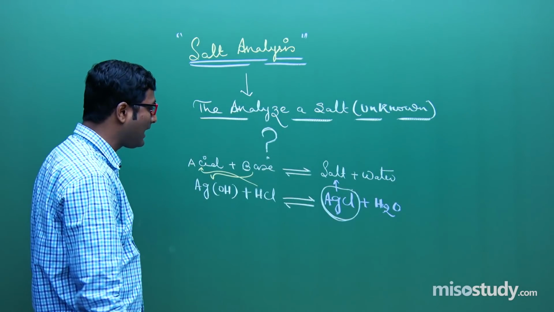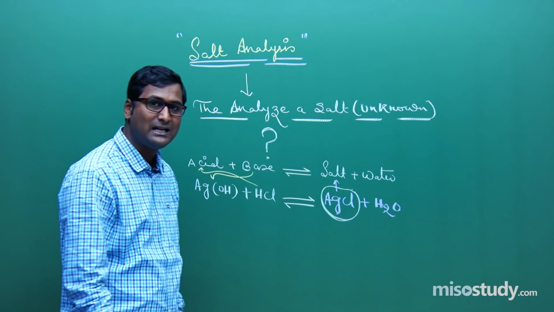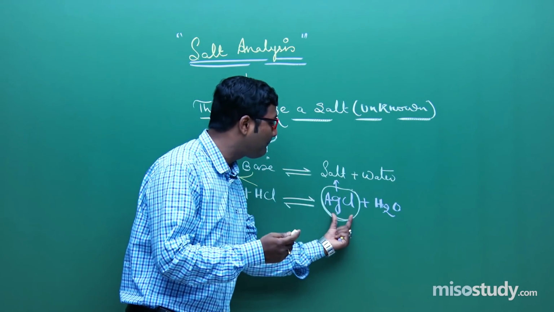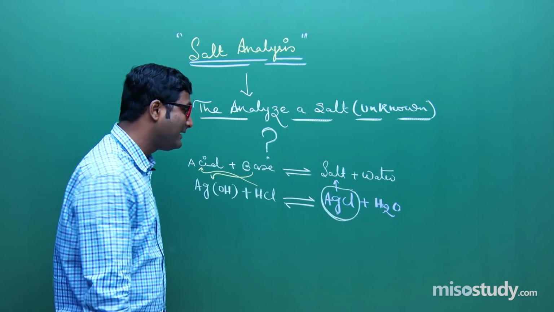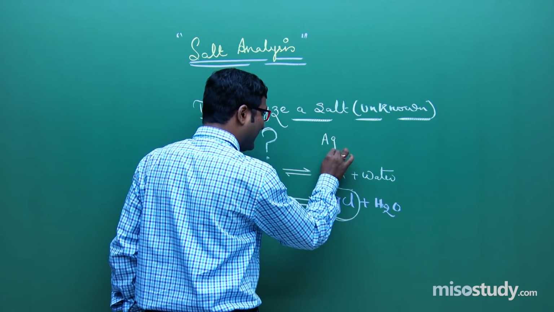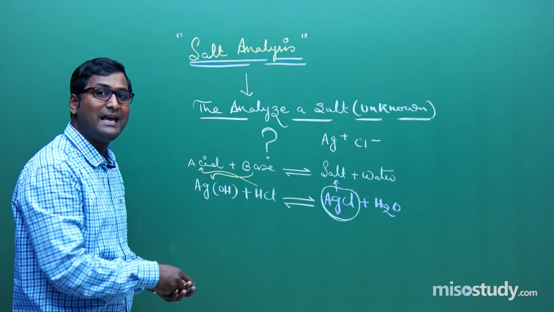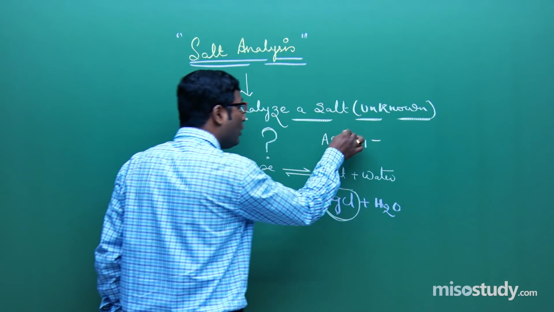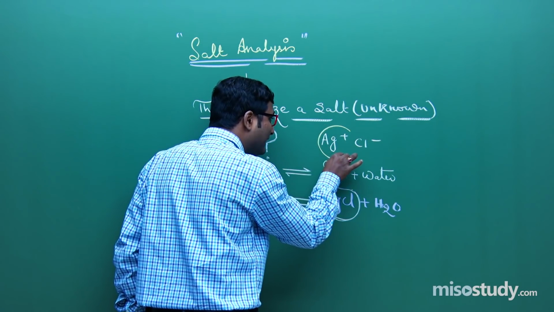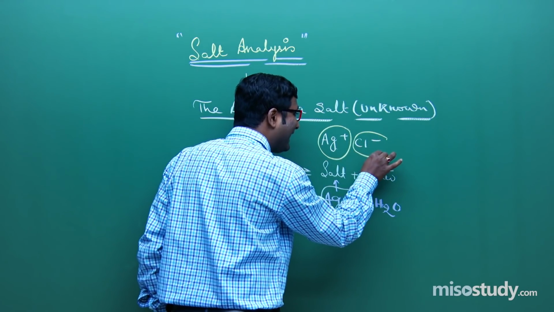Now if anyone asks you to find the acidic and basic radical, to find the sample of the salt, what to find? Look, AgCl has two types of ion, Ag plus and Cl minus. That is, in salt analysis we find cation, we find anion.